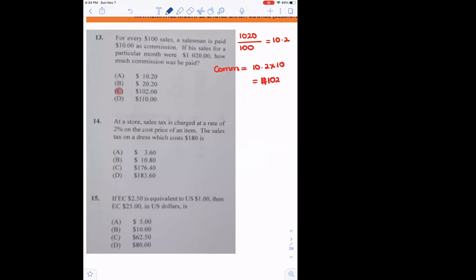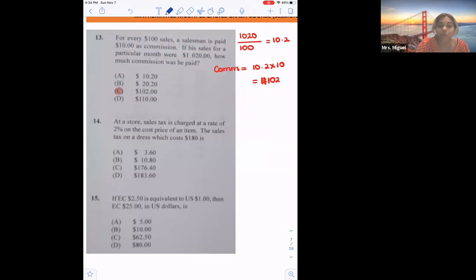Yes, miss. At a store, sales tax is charged at 2%. What is the tax on the dress? 2%, 2 over 100. So 2 over 100 multiplied by 180 over 1.